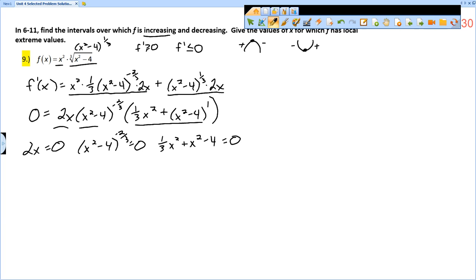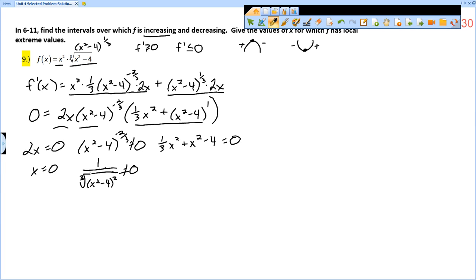All right. So 2x equals 0, so x equals 0. Now (x squared minus 4) to the negative 2/3. Well, this is never equal to 0, because what does this mean? This means 1 over the cube root of (x squared minus 4) squared, and of course, this is never equal to 0 because the denominator can't equal 0.